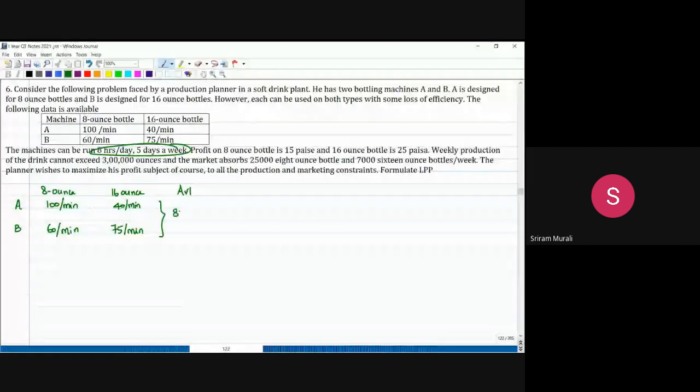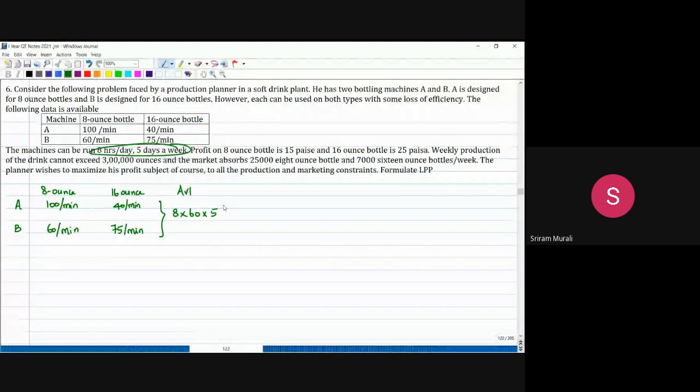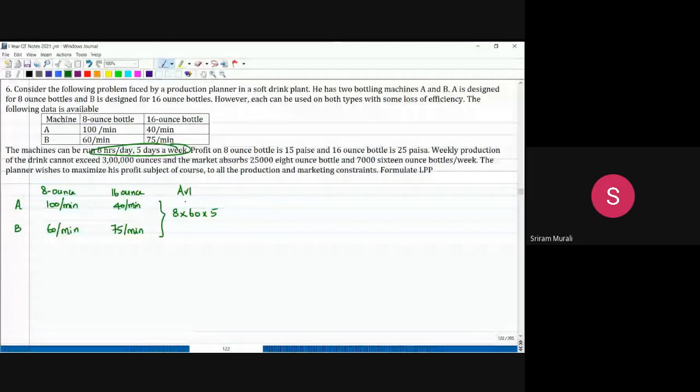We want to convert into minutes. 1 hour is equal to 60 minutes, so 8 hours will be 8 into 60, which is 480. Irrespective of both cases, it will be the same availability for both machines.